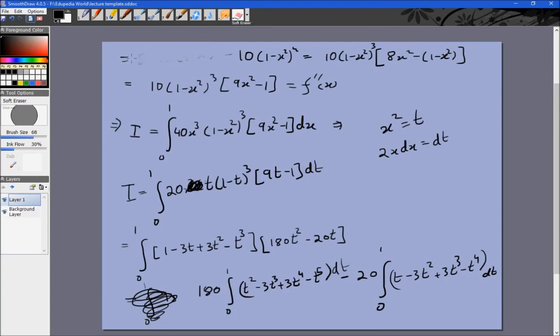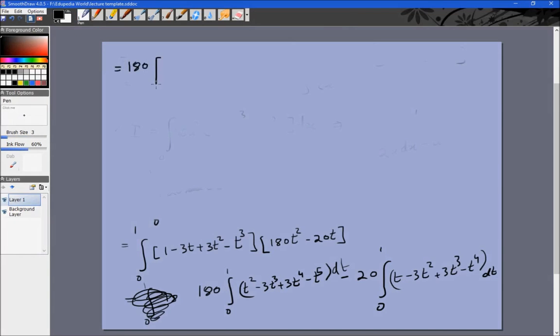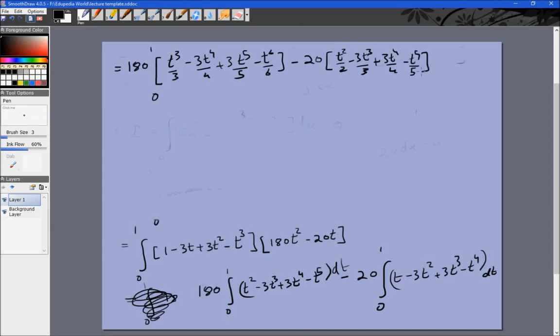So now I'll rub off the upper half and just try to simplify it further. So this is equal to 180 times, and the good thing about this is the limits will all be 0 to 1, and 0 will give us 0 everywhere, so only 1 will give us the value. t cubed by 3 minus 3t to the power 4 by 4 plus 3t to the power 5 by 5 minus t to the power 6 by 6, minus 20 times (t squared by 2 minus 3t cubed by 3 plus 3t to the power 4 by 4 minus t to the power 5 by 5), again 0 to 1.